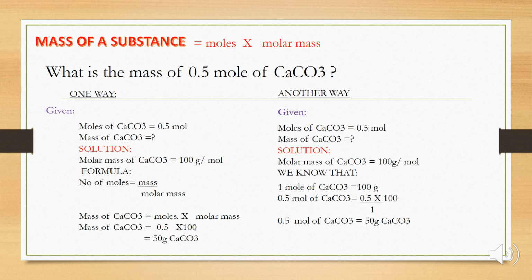So what will be the mass of calcium carbonate in 0.5 moles of calcium carbonate? Here, we can easily find the mass of calcium carbonate by doing the cross multiplication, and we get that 0.5 moles of calcium carbonate is equal to 50 grams of calcium carbonate.